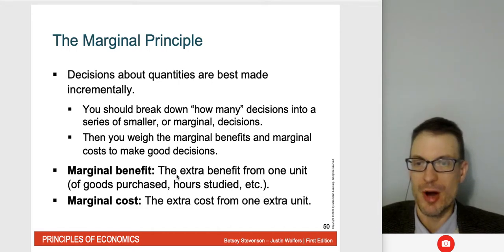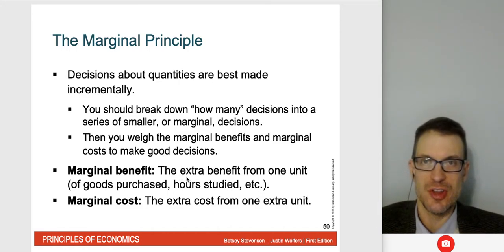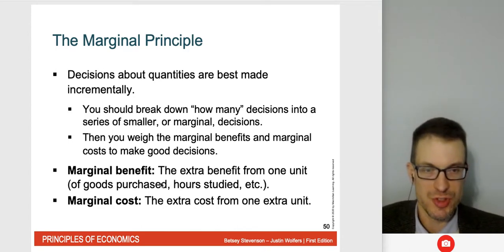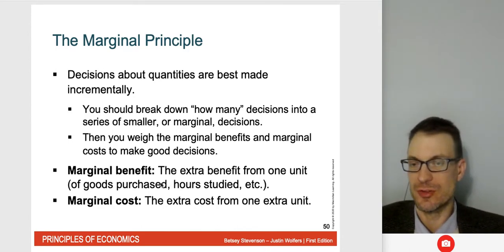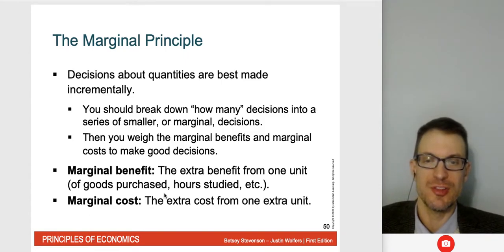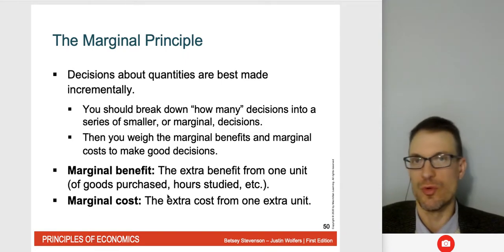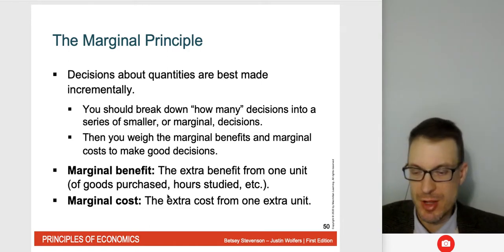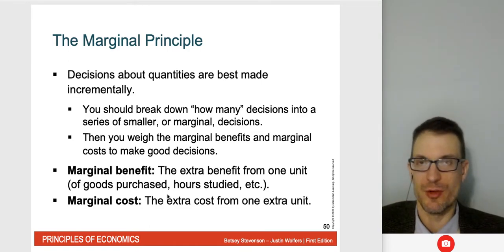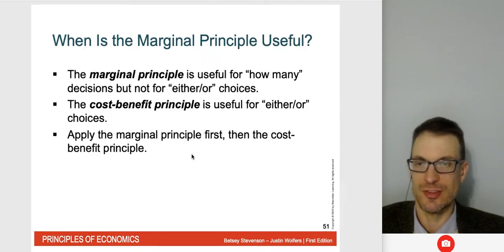All right, so the marginal benefit is just defined as the additional extra benefit from one more unit of goods purchased, hours studied, hours sleeping, and so on and so forth. Marginal cost is the extra cost from one additional unit. Buying one more coffee, spending another 10 minutes working out, spending another 5 minutes sleeping, whatever is the case.